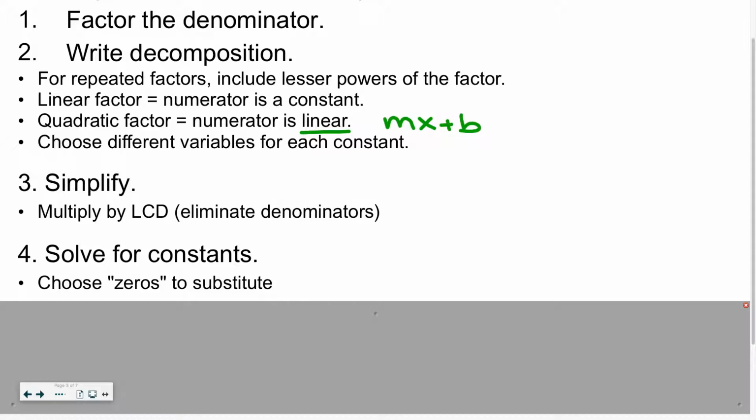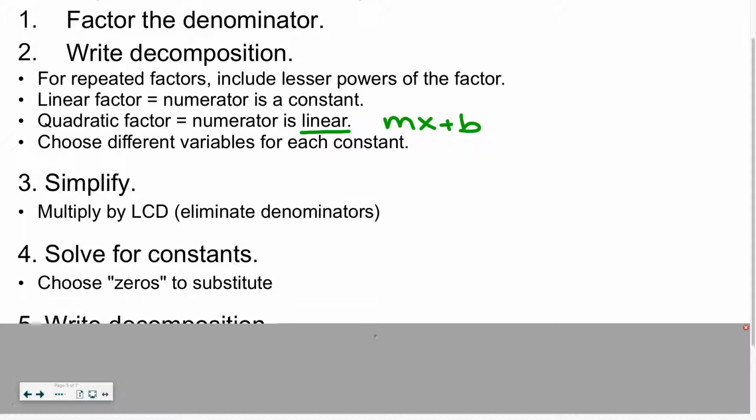This piece right here, this is my hint, makes it easier. You don't always have to solve a system. It's a little bit faster. So my hint to you is first try to substitute in the zeros of any factors that you see. We'll do that in our example, but that can make things move along a little quicker.